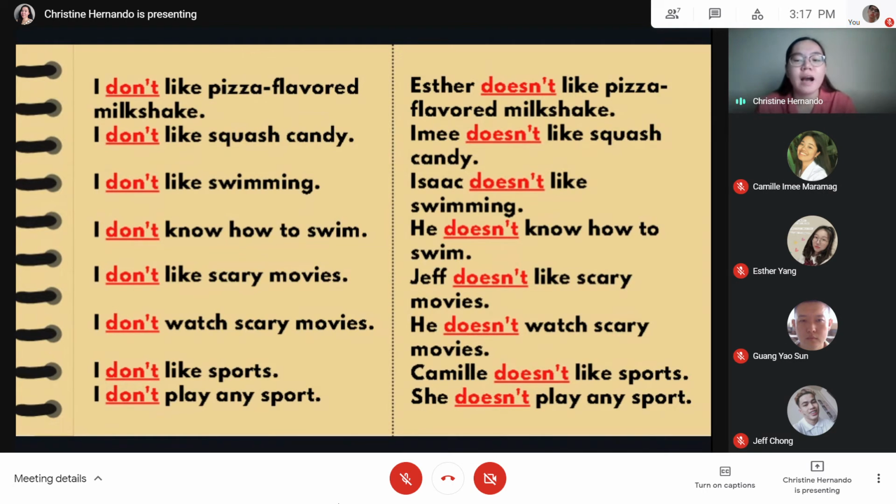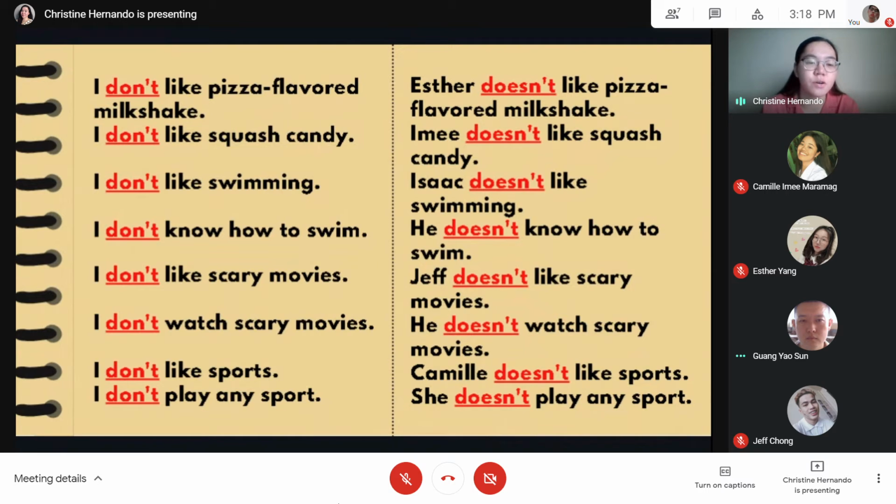So now, Isaac, are you there? Okay, so let me ask you about still the observations that you've had. Have you noticed other verbs or action words in a sentence? I noticed that there is another word after the words don't and doesn't.